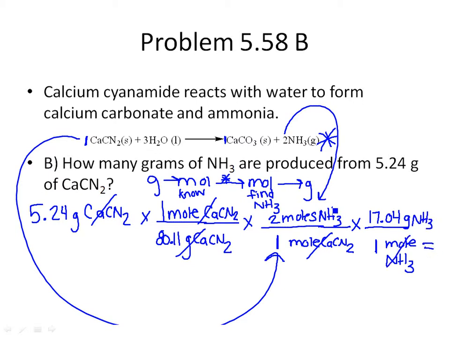That 17.04 came from calculating the molar mass of ammonia. Now our moles will cancel, and we should get about 2.23 grams of ammonia.